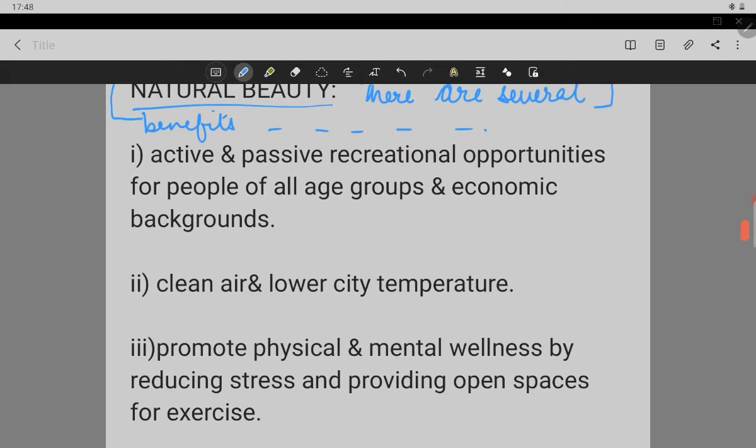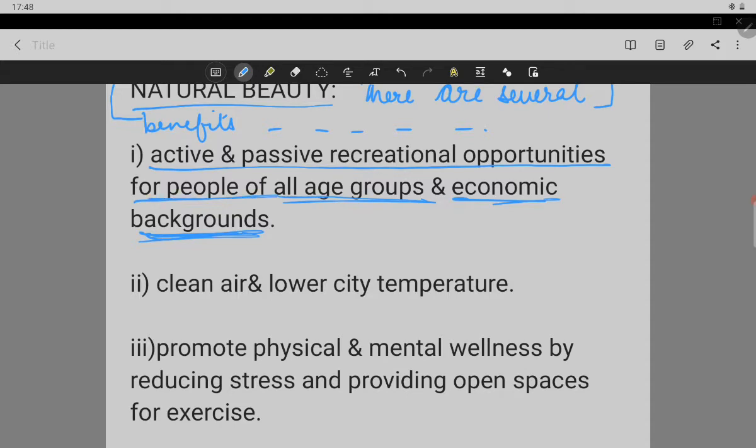So, here are some of them. Active and passive recreational opportunities for people of all age groups and economic backgrounds. So, you don't need money to enjoy nature. If you want to sit under a tree, if you want to ride a bicycle through a forest, you don't need money. So, all economic backgrounds can enjoy nature.